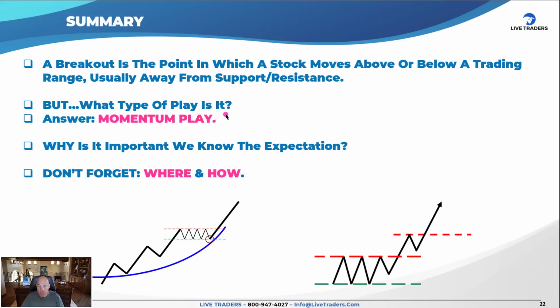Traditionally, when your stock breaks above or below a trading range, the reason it's breaking is because the battle was fought, and theoretically, the battle was won by the buyers. If you're tug-of-warring back and forth, buyers, sellers, buyers, sellers, when you break above this red line, theoretically, the sellers lost. It was in a range, we broke the range, so theoretically, the sellers lose.